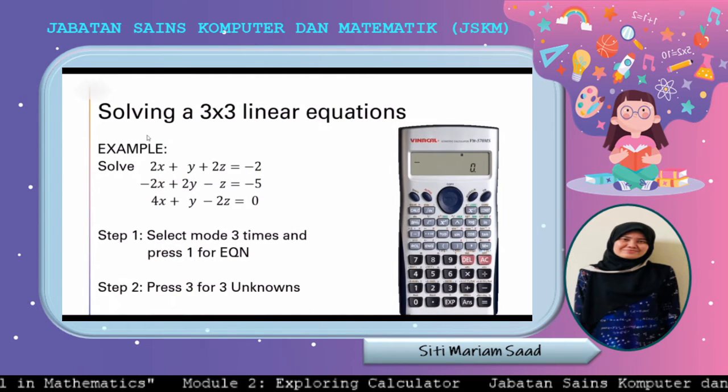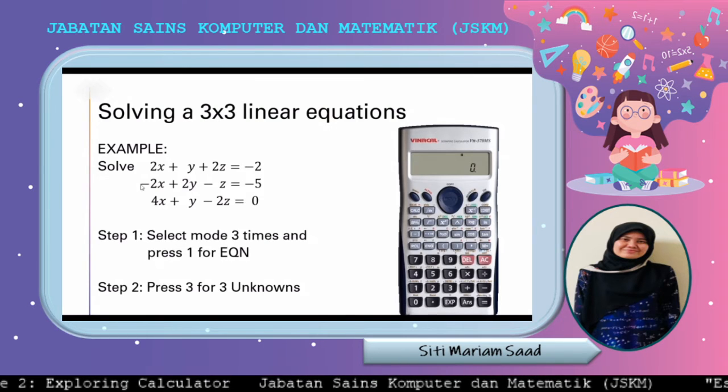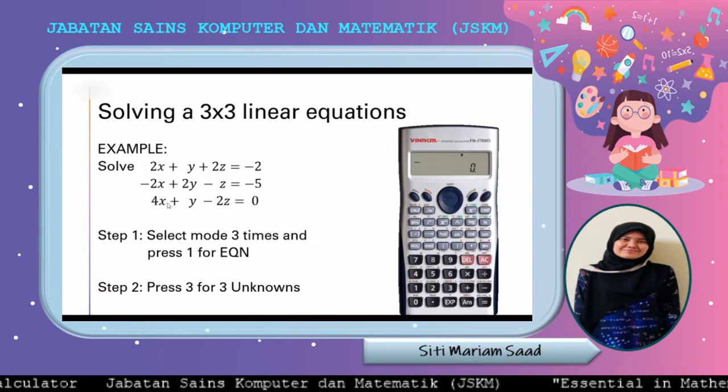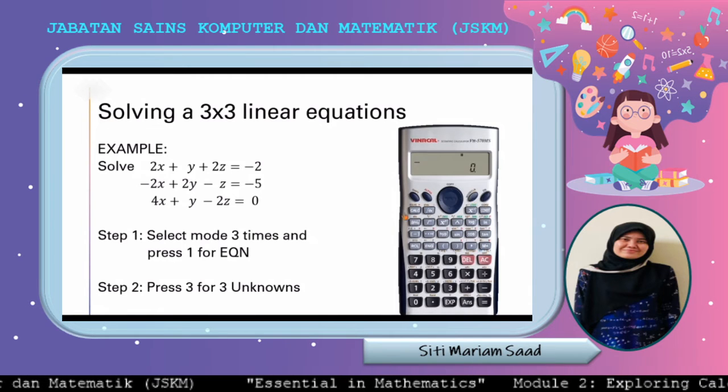Next, let's try to solve a 3 by 3 linear equation. For these linear equations, there are 3 variables that you need to find: x, y, and z. To solve them, we repeat the same steps.